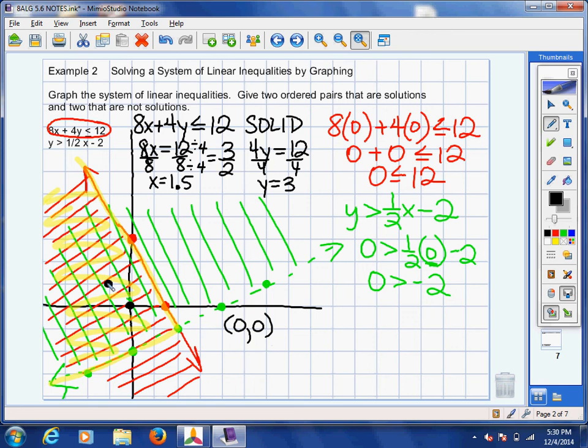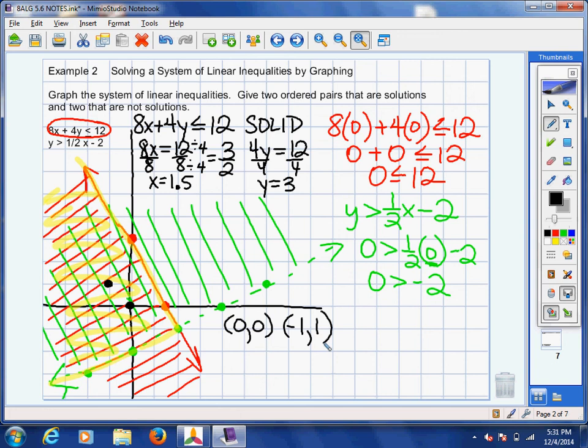Anywhere in that crosshatch area of green and red lines, where I highlighted, I kind of overkilled it with the highlighter. Wherever you see the highlighter, those are potential answers. The only exception would be any points that are on the green line. They don't work. Points on the red line do work. Points on the green line do not because it's dashed.